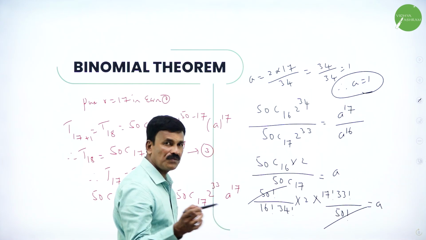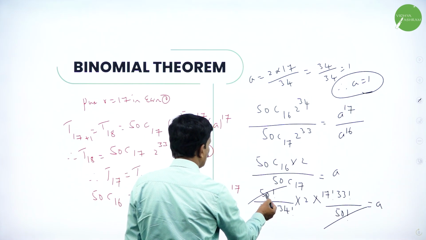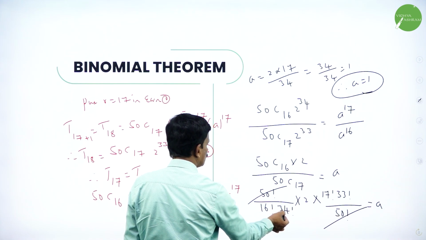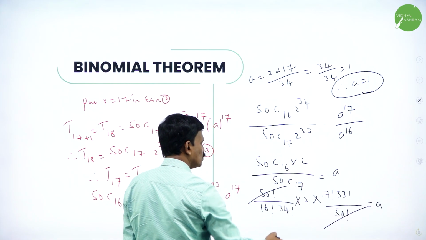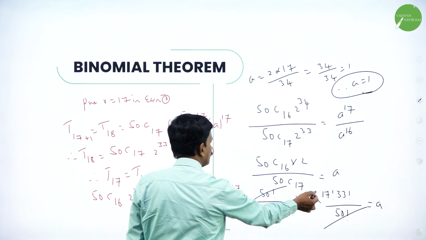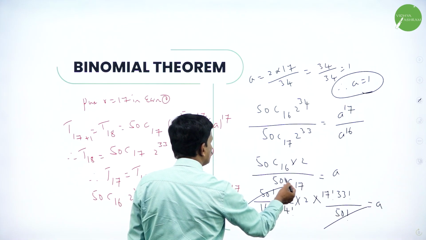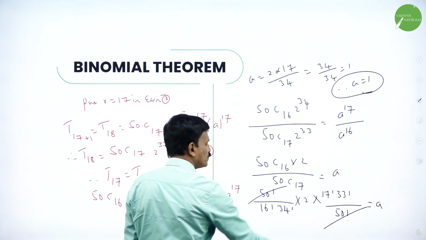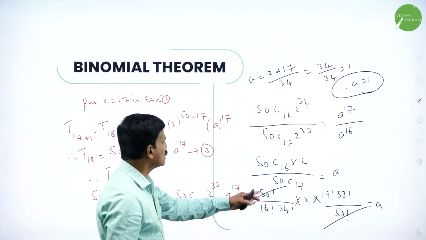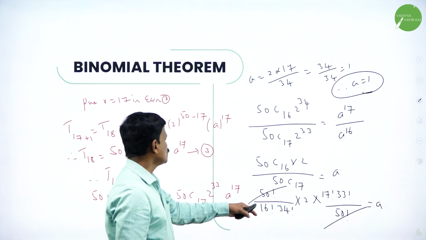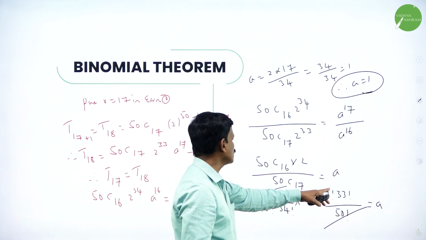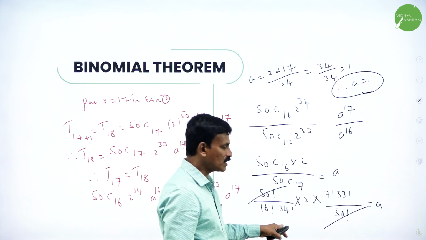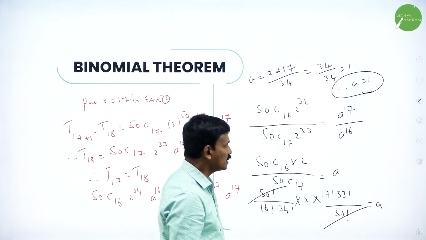So in the numerator 50C16 is nothing but 50 factorial divided by 16 into 34 factorial into 2, and transfer this to the numerator. So 17 factorial into 50 minus 17 is 33 divided by 50 factorial. Cancel the terms, what you will get in the numerator. So here 16 factorial gets 1, 17 you will get. So 33 factorial gets cancelled, you have only 34 in the denominator.